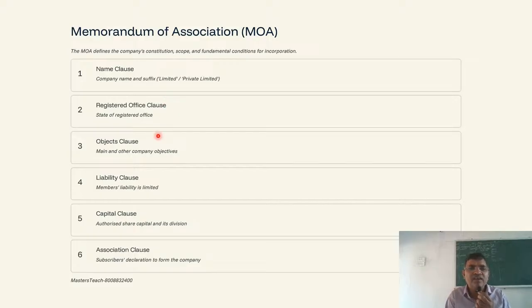Then the registered office clause, where the registered office is located, needs to be mentioned. Then the objects clause, main objects and other objects of the company. Liability clause: members' liability is limited. Then the capital clause: authorized capital, share capital and its divisions. Then the association clause, which is a declaration to form the company. So you have to mention these six clauses in a memorandum of association. You can write them down or take a screenshot, which will be helpful to you.